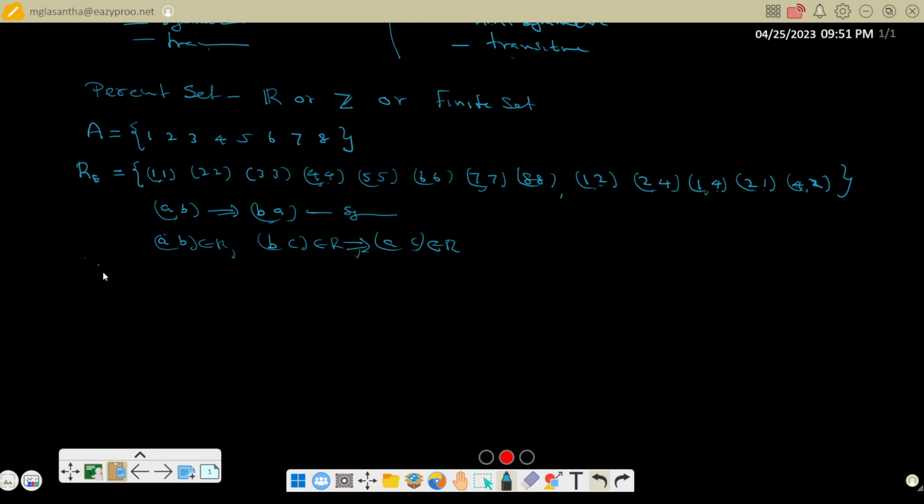So you can define P1. This is a partition of R, right? So you can define like that.